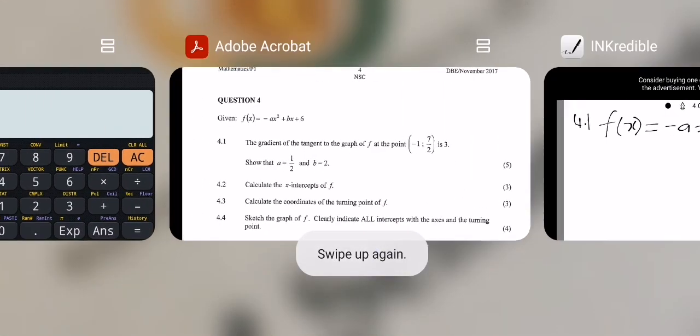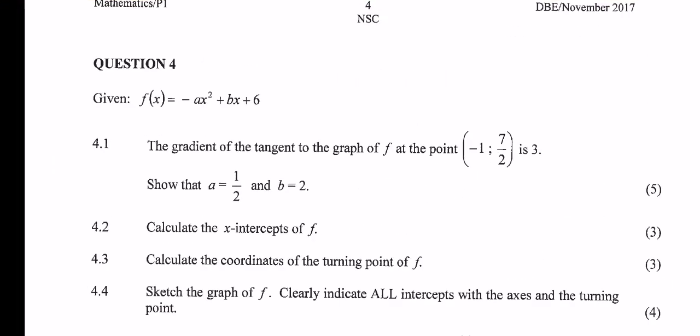Let me just go back to confirm. Yes, that's it. Negative ax squared plus bx plus 6.